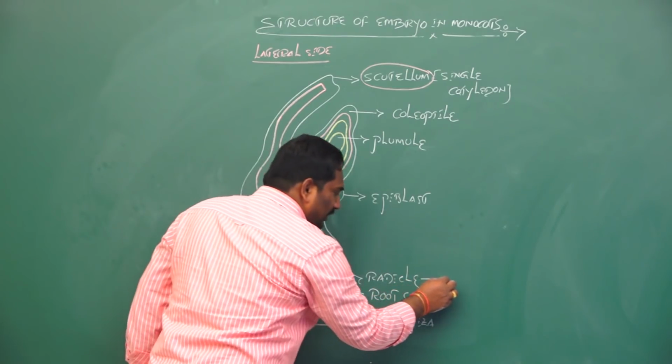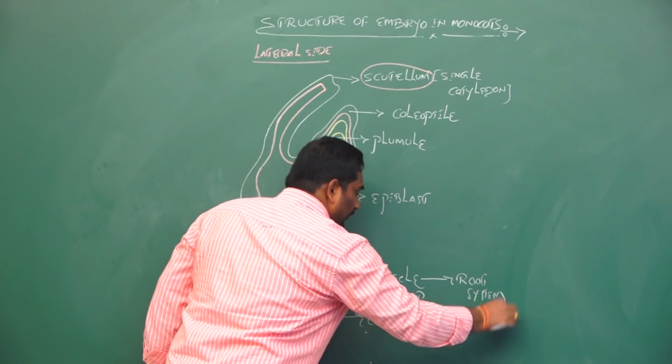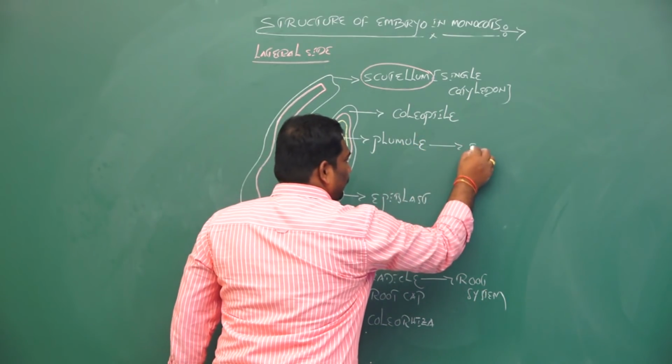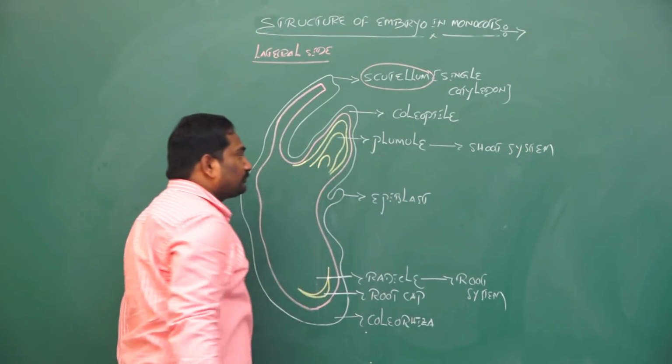The radicle develops into the root system and the plumule develops into the shoot system.